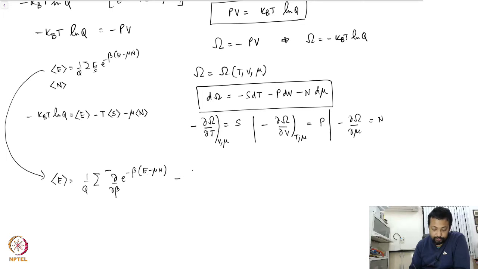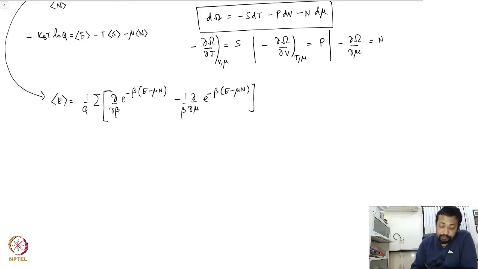So one has to subtract del mu of 1 over beta e to the power minus beta (E minus mu n). Let's see whether we are correct in our hypothesis.